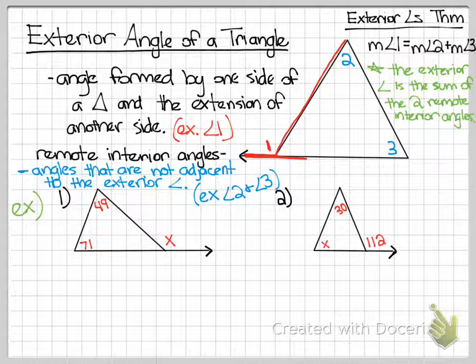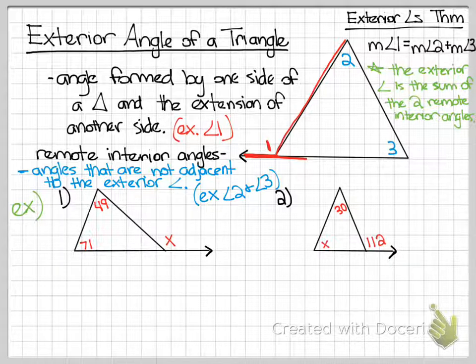So that is the exterior angle theorem. We can add up angle 2 and 3 here, and it's got to equal angle 1. And we'll talk about in class a little bit, because we're kind of running out of time tonight, why that happens, why that works. All right, so now let's look at some examples of that.